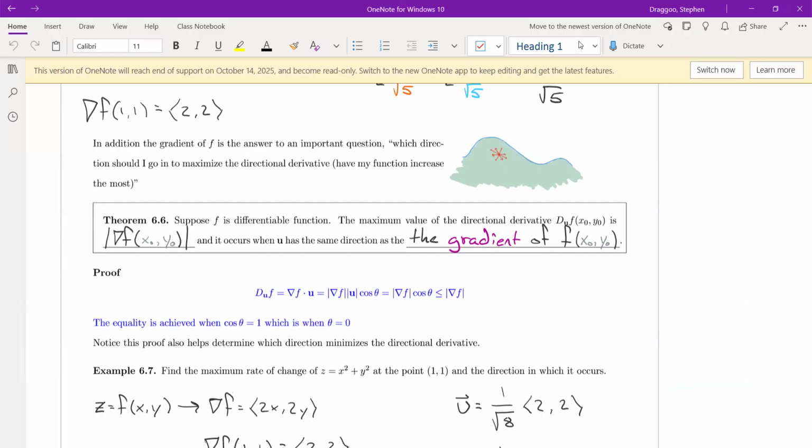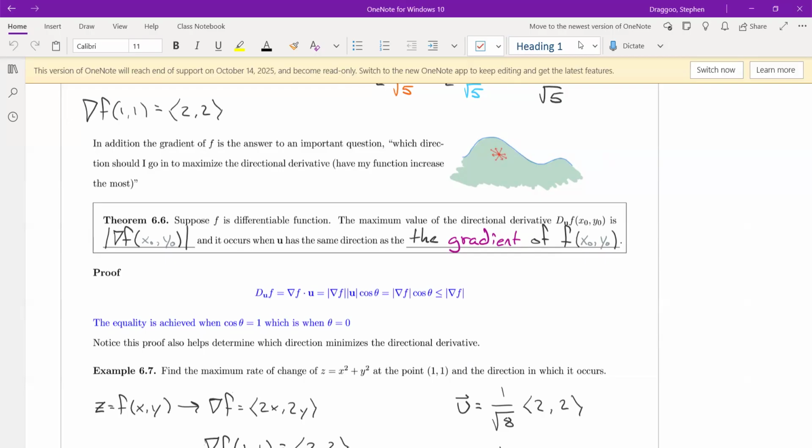We had some bee density function, and we wanted to know which direction we should run in order to escape our bees. And we did that just with a tangent vector or a tangent plane, looking at the various directions we could run in to minimize that tangent value based on the plane. The gradient is going to do a better job of answering that question.